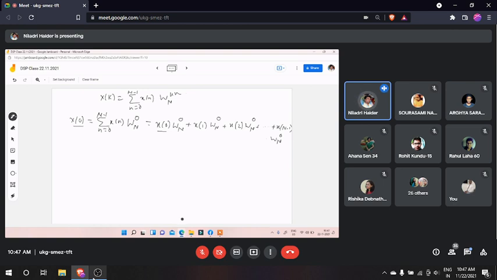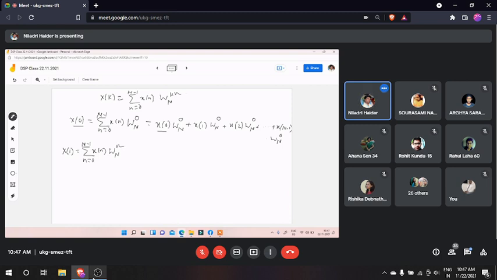Similarly, for k equal to 1, the formula becomes summation n equal to 0 to capital N minus 1 xn, and k equal to 1 means Wn to the power small n.